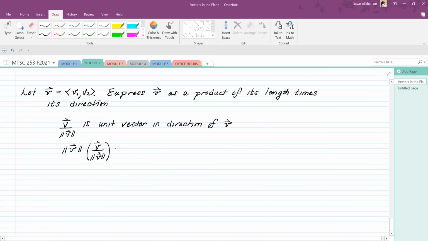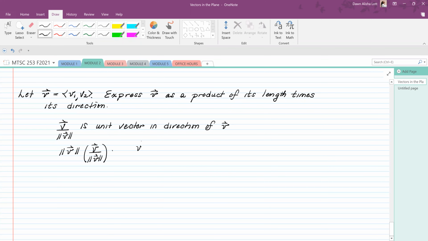So let's go back to that vector v. I'm just going to use 3, -2. We know that the length of v was the square root of 13.